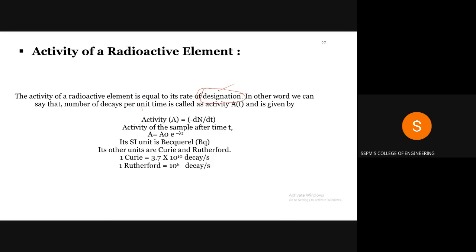The activity of a radioactive element is equal to its rate of disintegration. The number of decays per unit time is called the activity. Next, it is given as activity equals minus dN by dt.